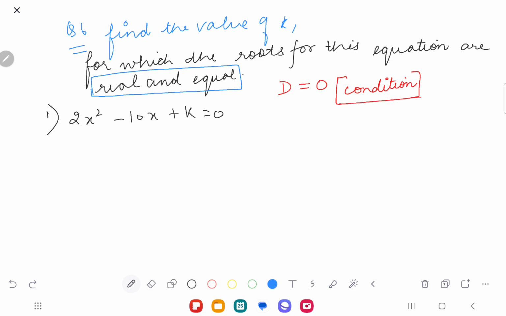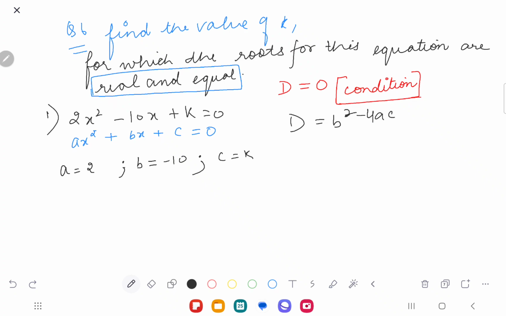So the basic method is that I'm going to compare it with ax square plus bx plus c equals to 0. And thereby I will get a as 2, b as minus 10, and c as k. And I know that discriminant's formula is what? b squared minus 4ac. So b square minus 4ac would mean what?